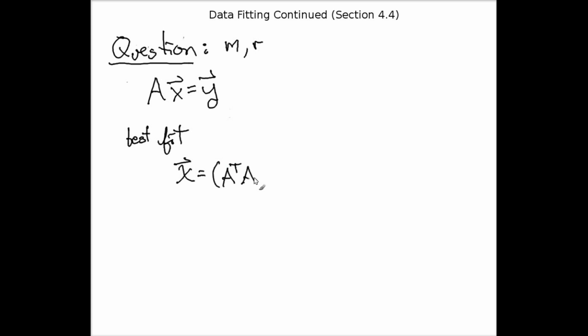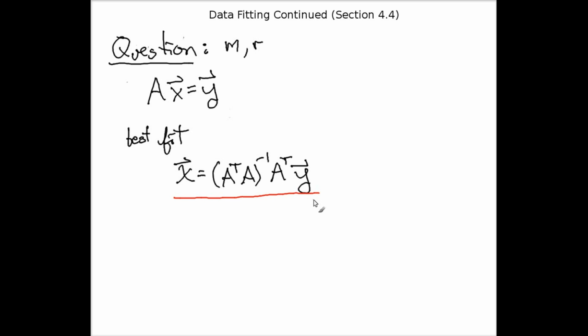I have this equation AX is equal to Y. And I use the best fit method that I was just talking about, and I get that the best fit is X is equal to (A transpose A) inverse A transpose Y. That's the formula we've been using.